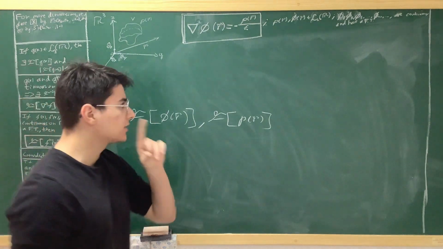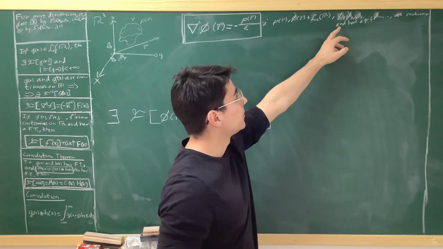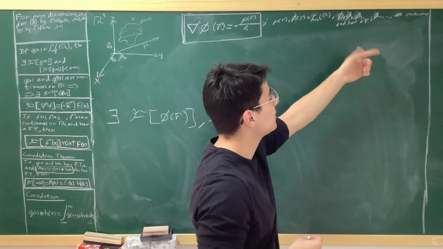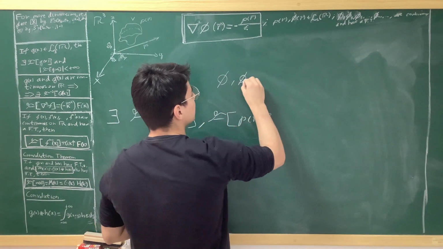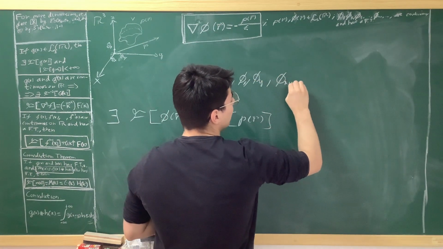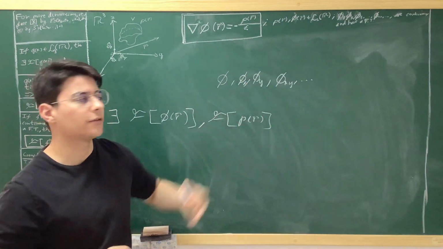Another boundary condition we want to impose is that phi x, phi y, phi xx, phi xy, and so on are continuous and have a Fourier transform.